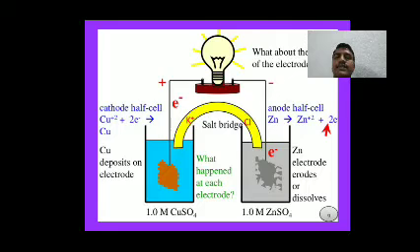It contains potassium chloride and potassium nitrate, or potassium chloride and ammonium nitrate. This salt mixture fills the U-shaped tube, which connects the different electrolytic solutions.